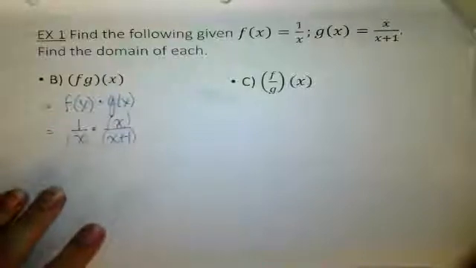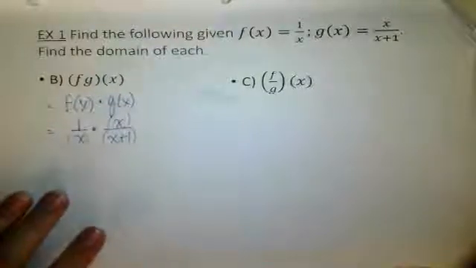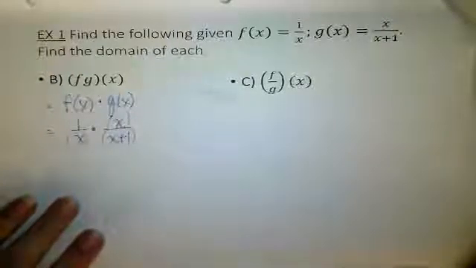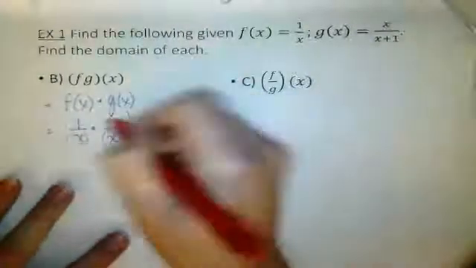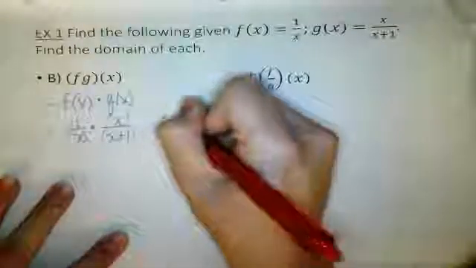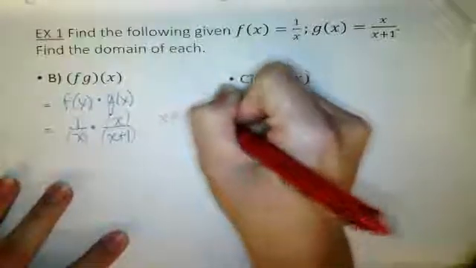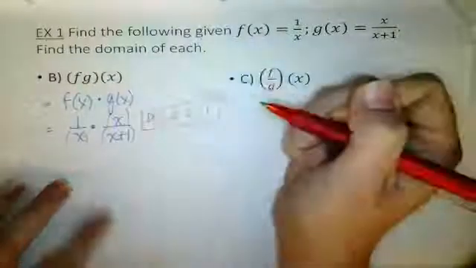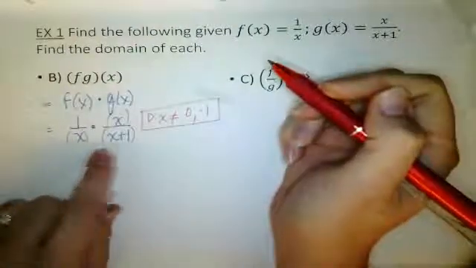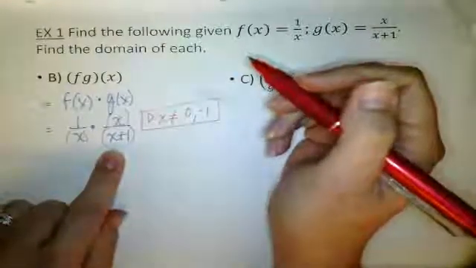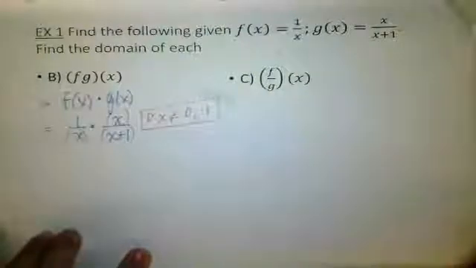But before we do any simplifying, we need to think about the domain. Looking right here, before I simplify, tell me what x is not allowed to be. 0. Good. X is not allowed to be 0, and it's not allowed to be -1. It's really important that we find that domain before we simplify. Because what's going to happen when we simplify?